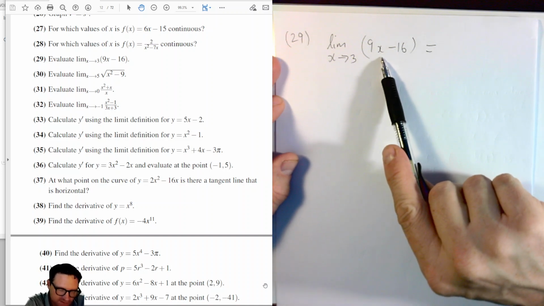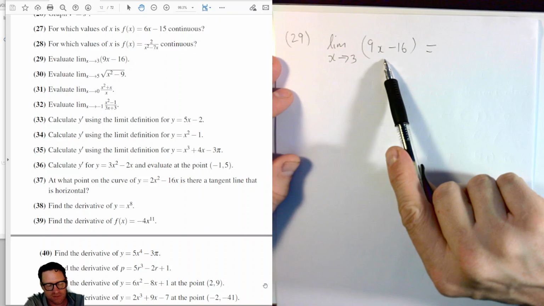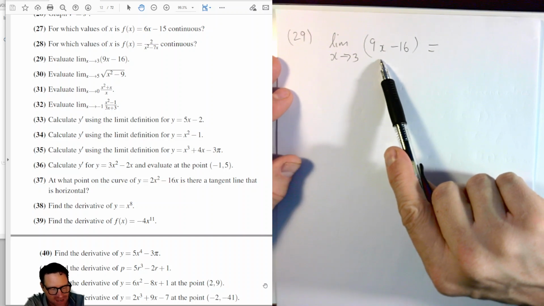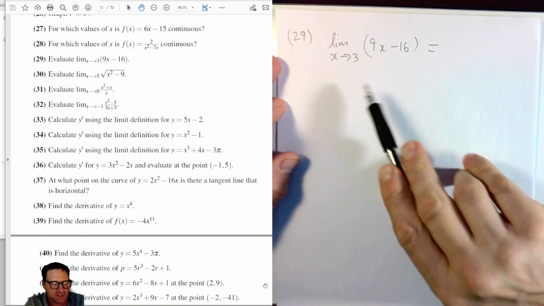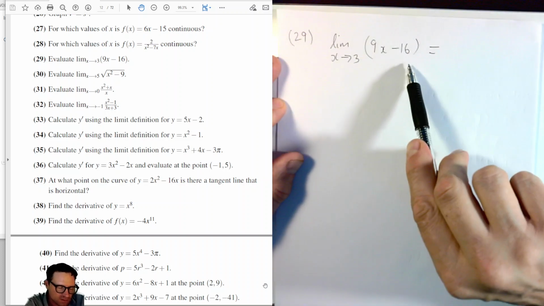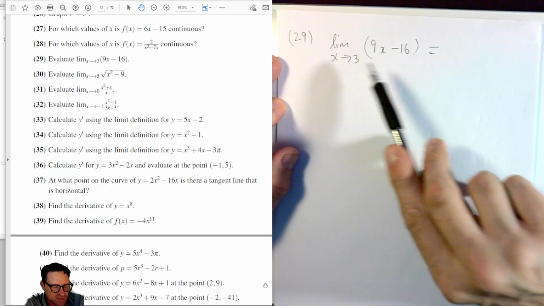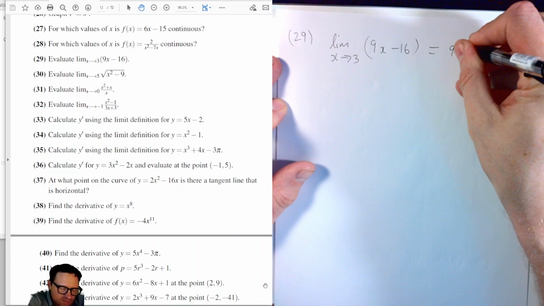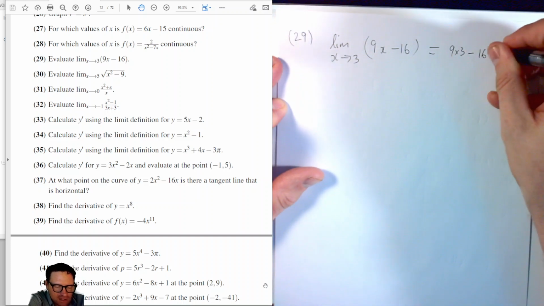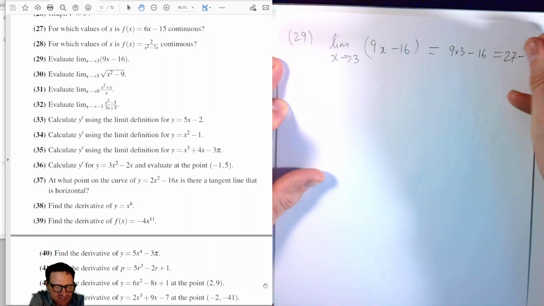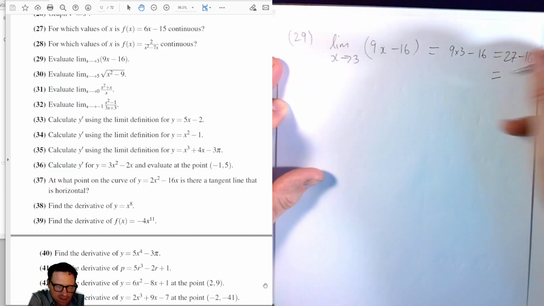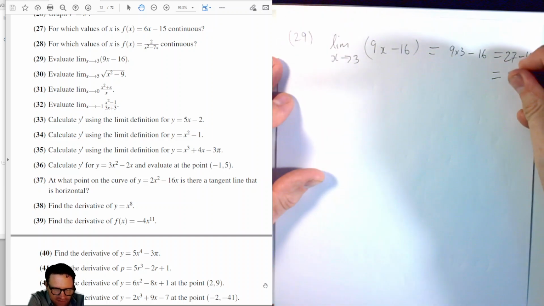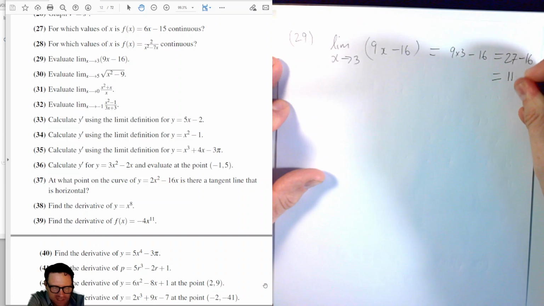And I can see the answer is no, because it doesn't create a 0 denominator. It doesn't create a negative inside a square root, for example. And so when we don't introduce any problems by just substituting that number in, then we do so. So we have 9 times 3 minus 16, and this is 27 minus 16, which is 11. Okay, so our limit is 11.